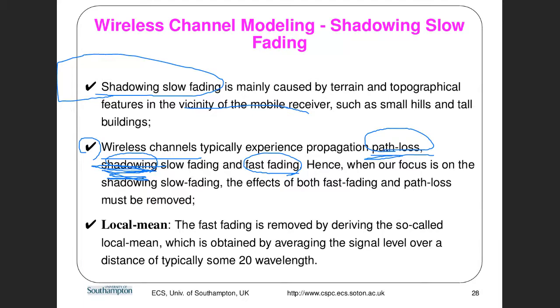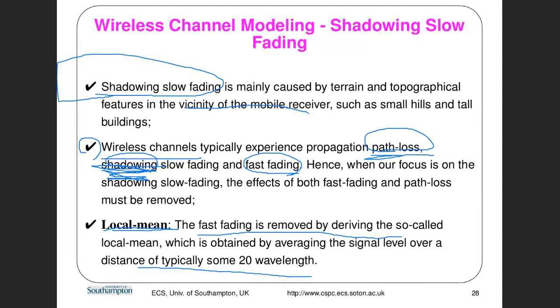And then we want to study shadowing fading. We also need to eliminate the effect of fast fading. So the method normally is an averaging method, which means you average the received signal power over a distance of some 20 wavelengths.